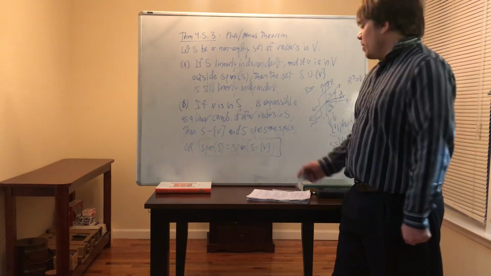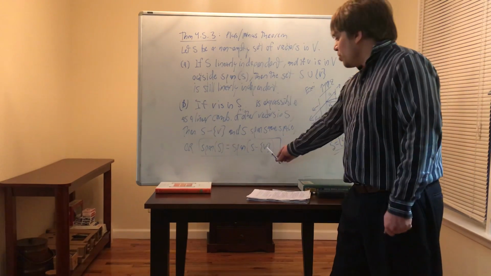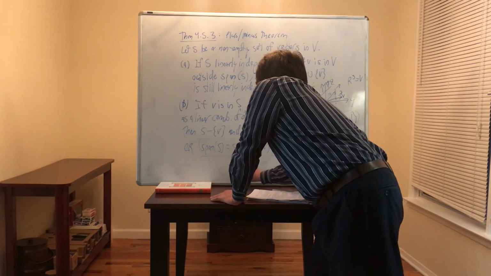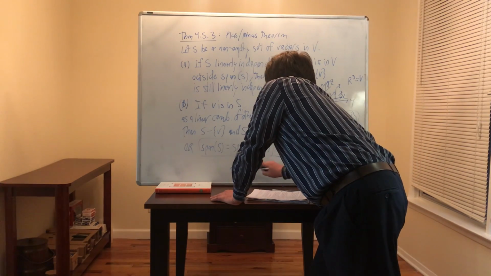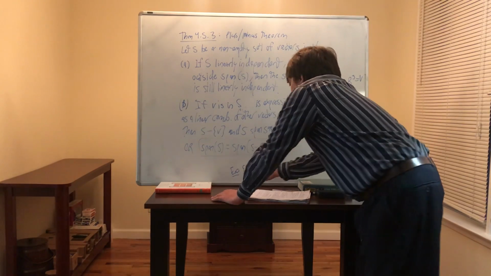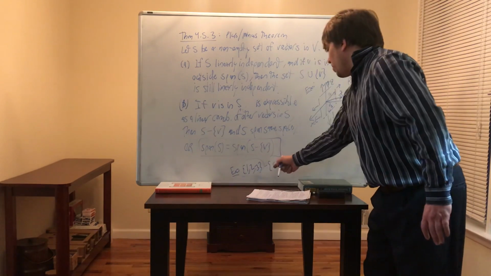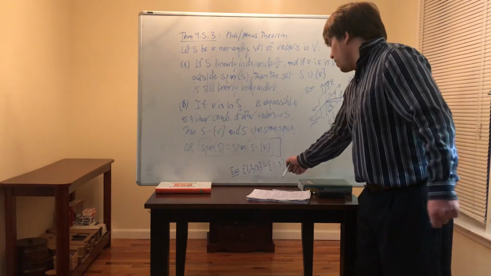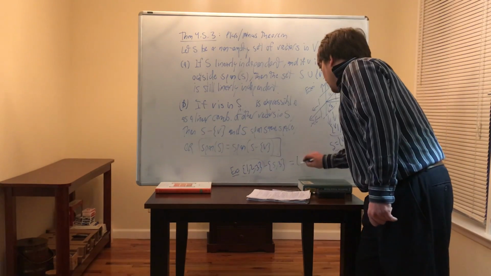Now when you take a set and you subtract another set, you remove the elements in this set from that set. So an example of set subtraction would be if you take the set 1, 2, 3 and you subtract the set 5, 3, you would take the set 1, 2, 3 and you remove from it 5 and 3. But since 5 is not in that set, it doesn't change it, but 3 is, and so you remove 3. And you get 1, 2.